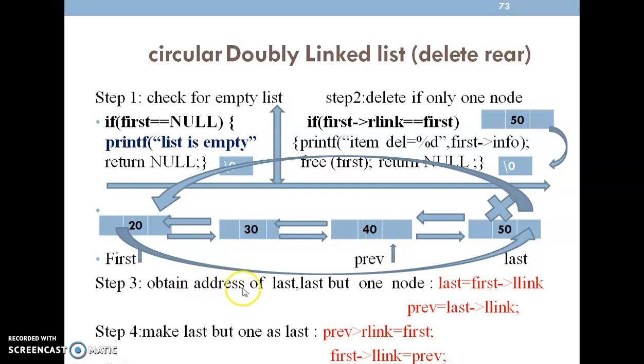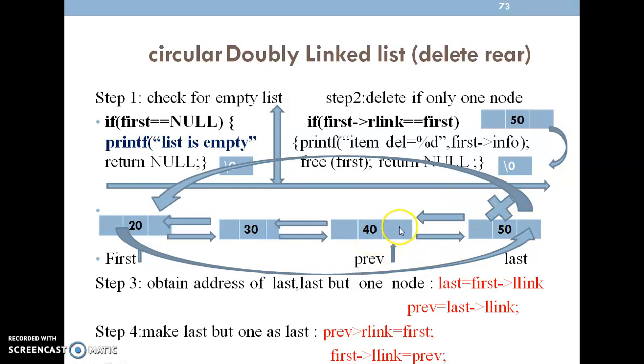So first obtain the address of last and last but one node. Last equal to, directly we get it, first pointer left link. First pointer left link will give the address of last. Then previous: last pointer left link will give the previous. Then we have to delete this and make previous the last node.